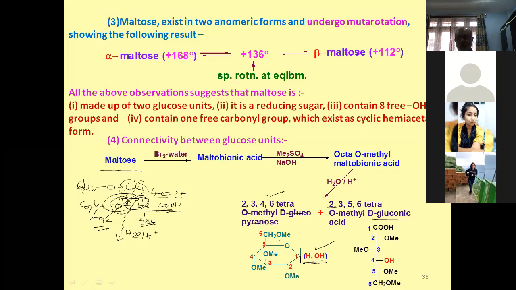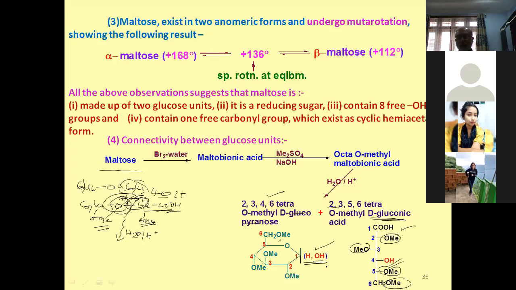We are writing it just on the side. And the other molecule will be 2,3,5,6-tetra-O-methyl D-gluconic acid. So this acidic group will be on carbon number 1, and the other groups are 2-O-methyl, 3-O-methyl, 5-O-methyl, and 6-O-methyl. What about 4? 4 has become OH.